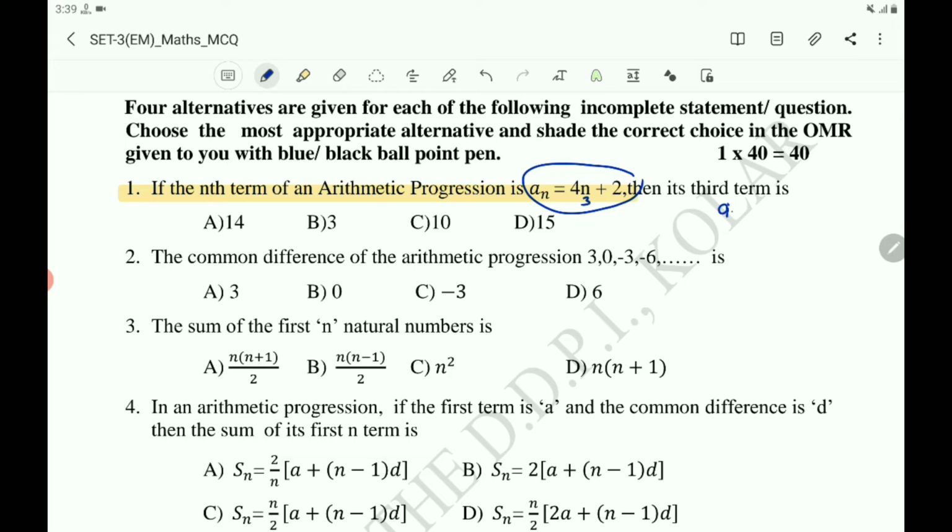Then A3 equals 4 into 3 plus 2, which equals 12 plus 2, which equals 14. So option A is the answer. In the place of n we have to write 3 because we have to find the third term. The given an is 4n plus 2.